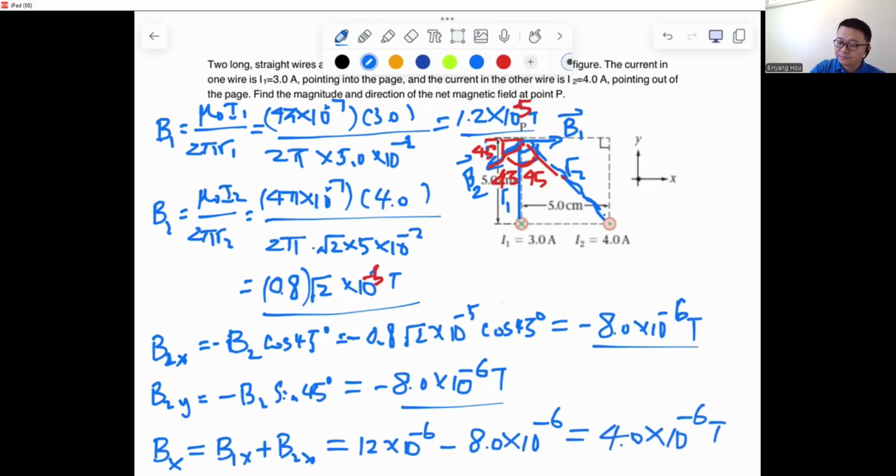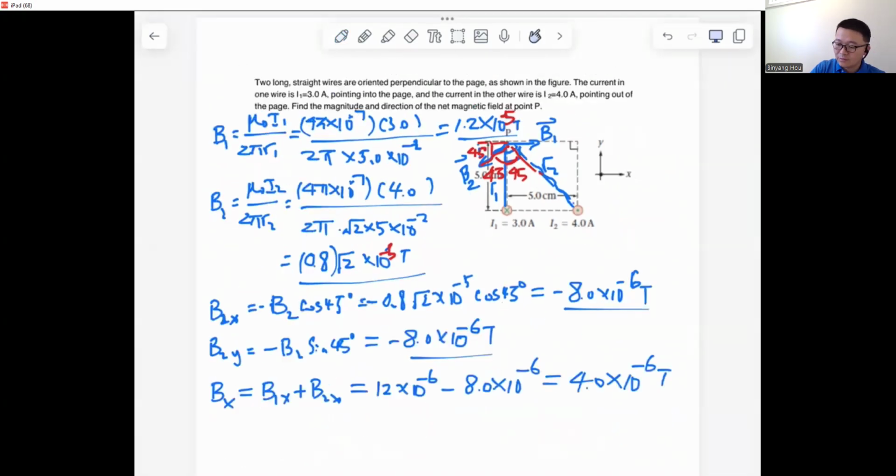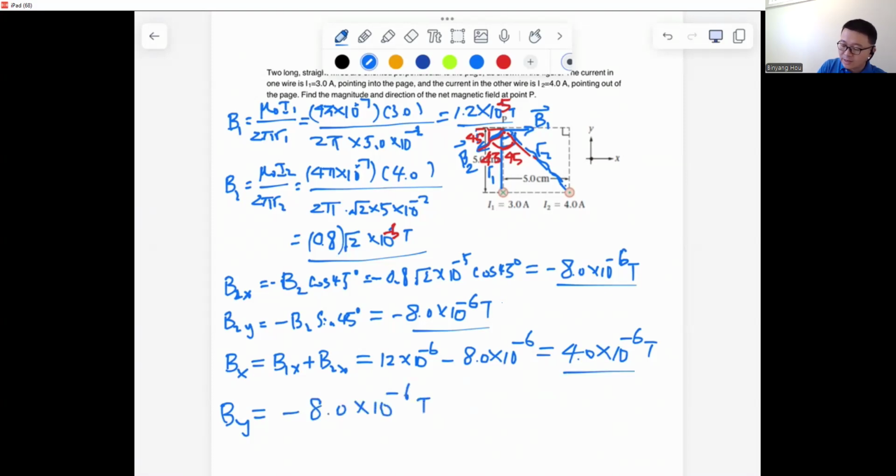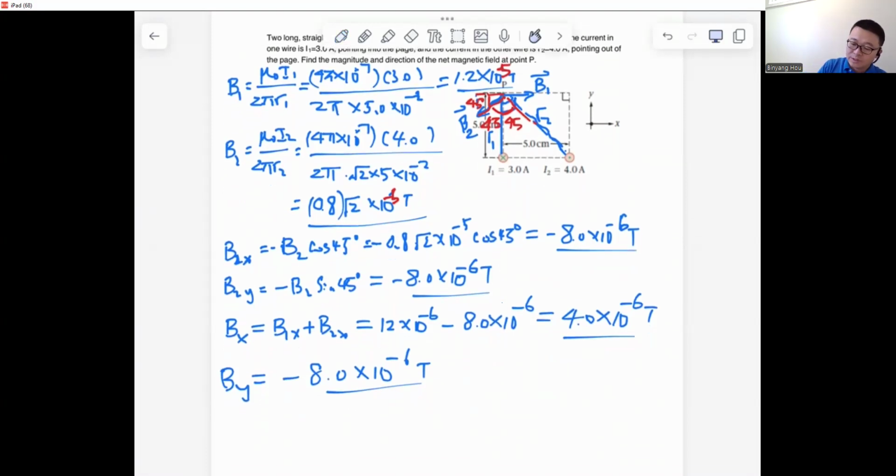And then on the y, the y will be just coming from B2, right? So B of y will be just coming from B2y, which is minus 8 times 10 to the minus 6 Tesla. So x and y. Then we can do the total, which will be square root of x squared plus y squared.